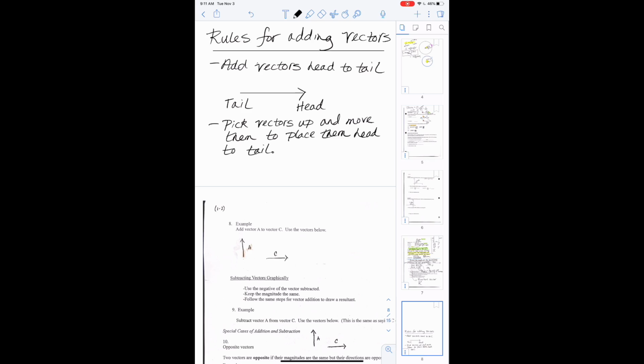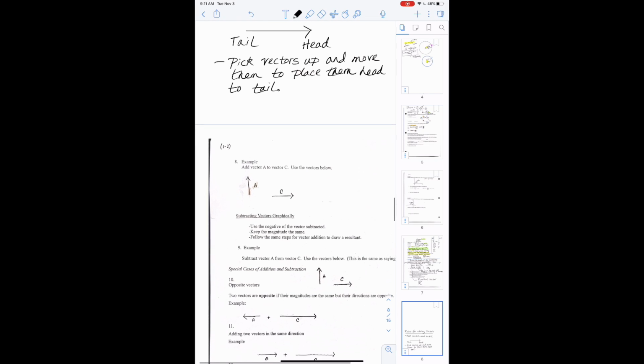And that's what you want to do. So you pick them up, move them, place them head to tail.